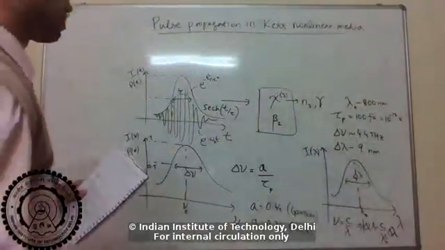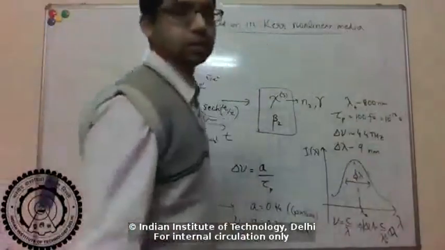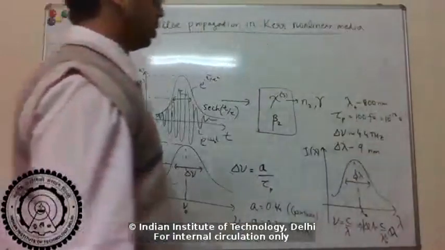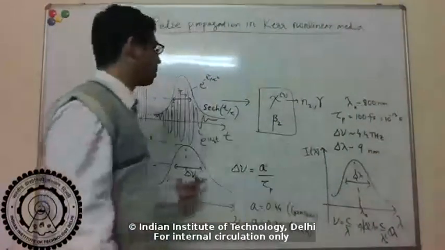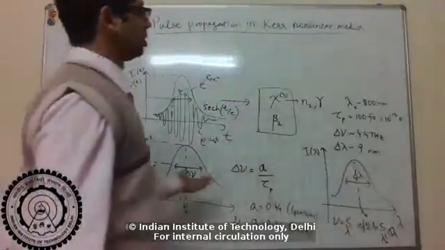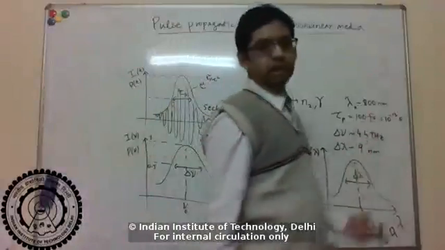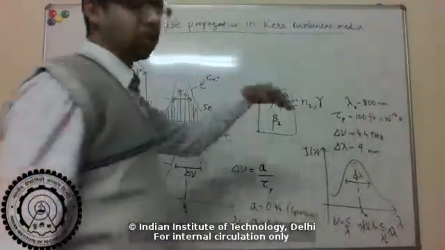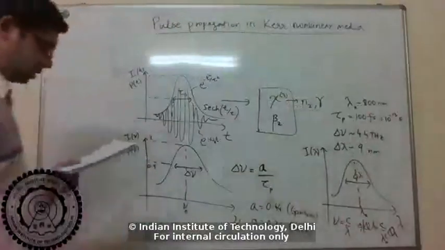So those are the typical numbers: bandwidths of a few nanometers in wavelength, or a few terahertz in frequency. Of course, you can also have much shorter pulses, in which case you can have much wider bandwidths, or equivalently longer pulses and narrower bandwidths. But those are some typical numbers.